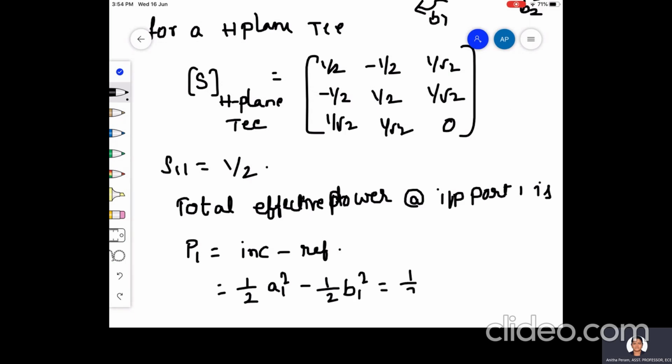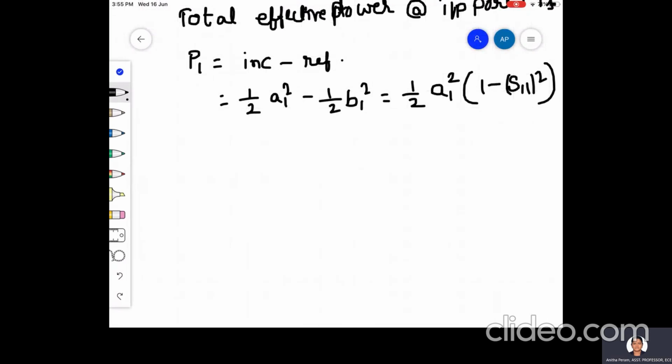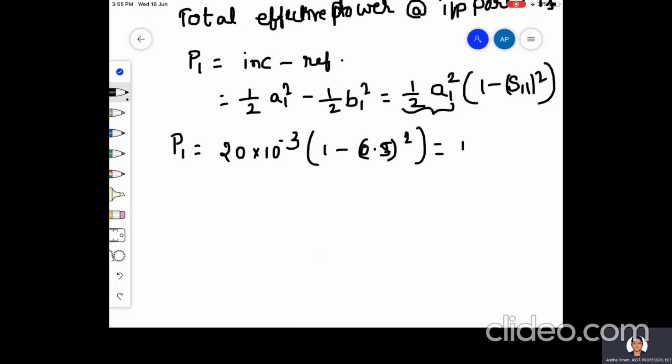Taking half A1 square common, it gives 1 minus B1 square by A1 square. B1 by A1 is nothing but S11. The incident power at port 1 is 20 milliwatts, so 20 into 10 power minus 3, times 1 minus S11 square. S11 is half, 0.5 square. If you evaluate this, it results in 15 milliwatts of power.